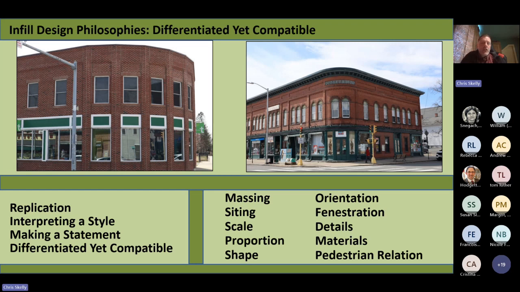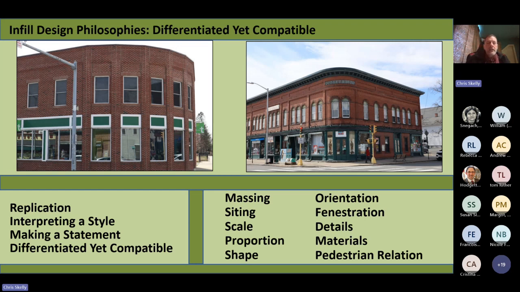So if we go back to all of those elements on the right-hand side, massing, siting, scale, proportion, shape, orientation, fenestration, details, materials, pedestrian relation, there's going to be a couple places there where I think they've really failed in terms of the new construction.